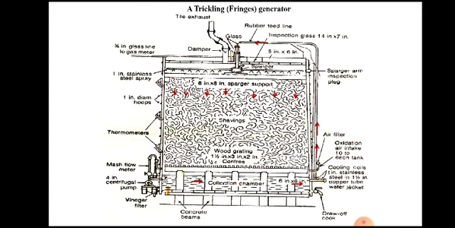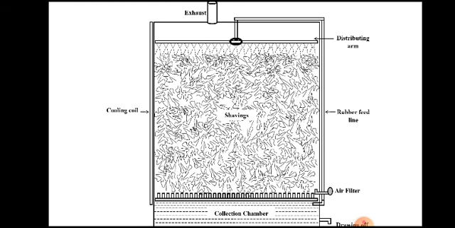So this is how it happens. The mixture is trickling down. So this is how the process continues. And at the end, after getting a desirable acidity, the whole contents are drawn off for the separation of vinegar, which is ready for further purification. This is the simple diagram.